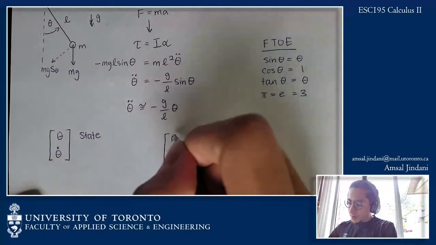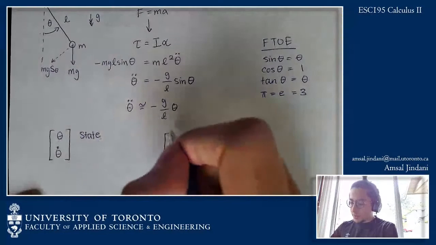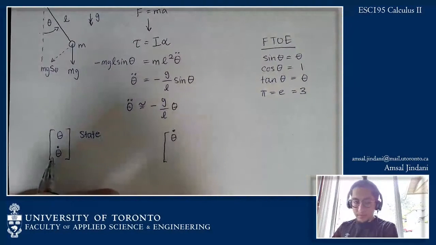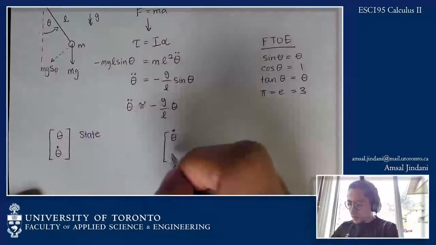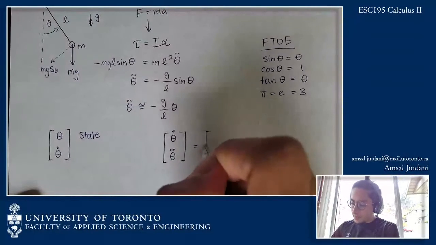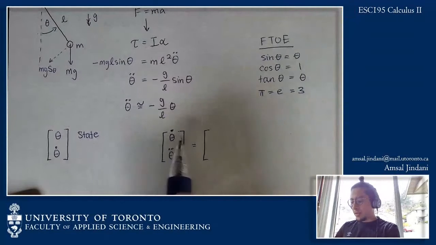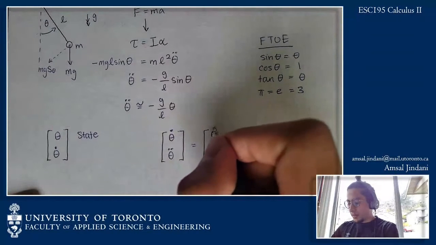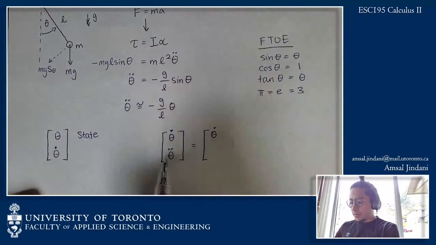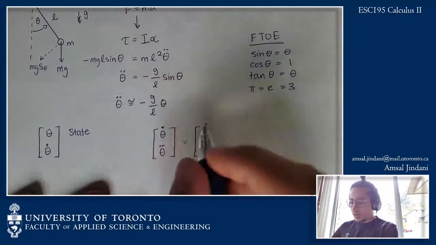So now let's say that I want to compute the derivative of my state, right? So the derivative of theta is theta dot. The derivative of theta dot is theta double dot. And now these have to be functions of my state. Well, I already have theta dot, so I can just use that again. And theta double dot is just equal to minus g over L sine theta.